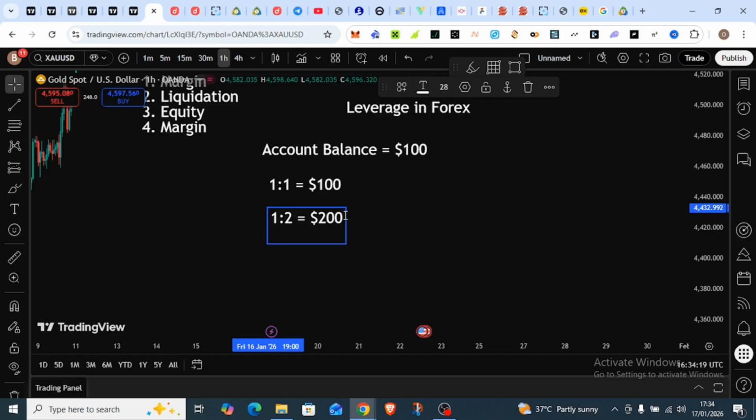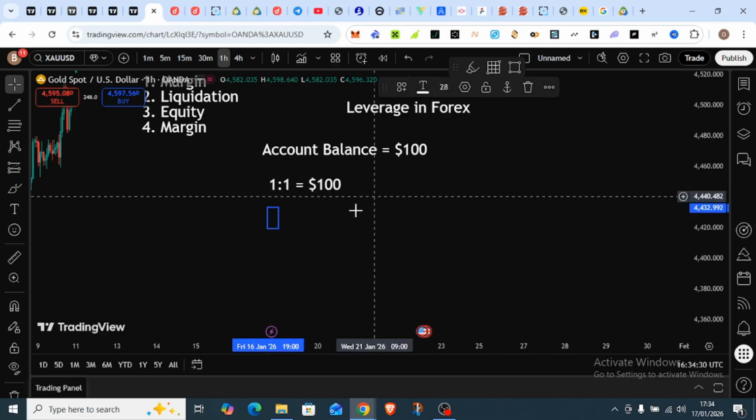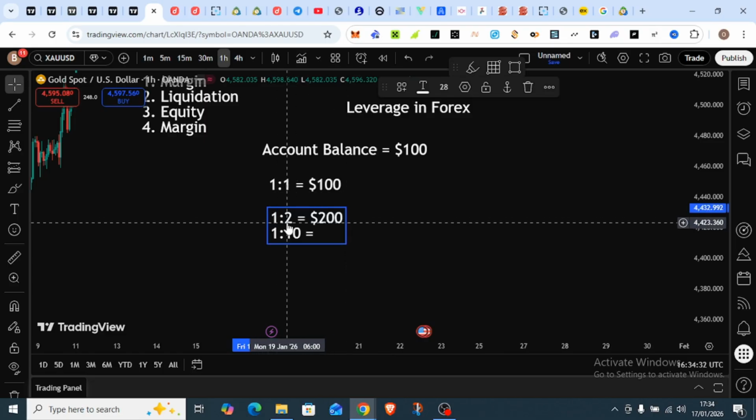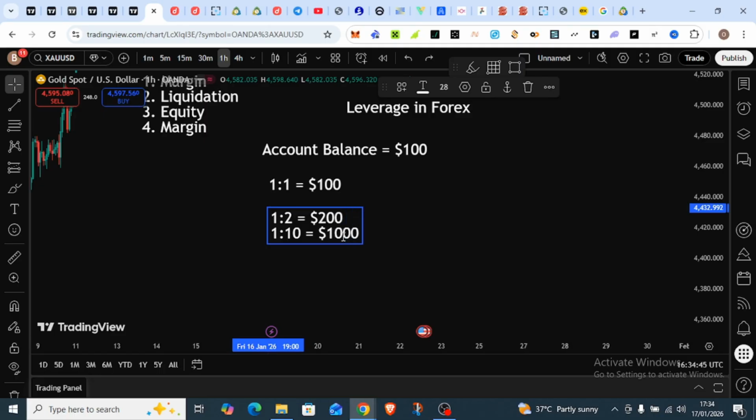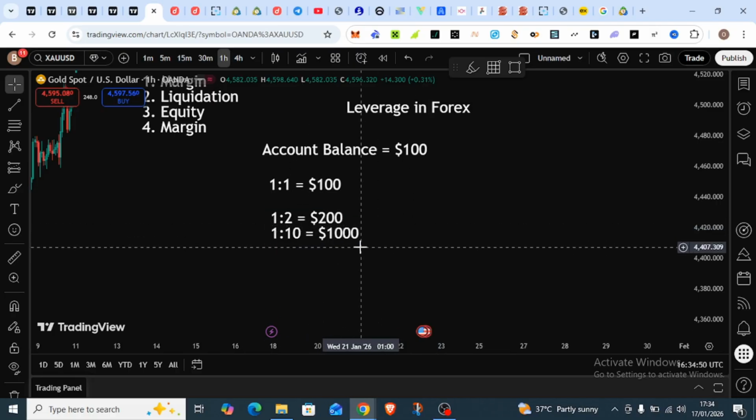If we have 1:10, the maximum units of assets you can buy using 1:10 leverage is 1,000 units. So this is it.